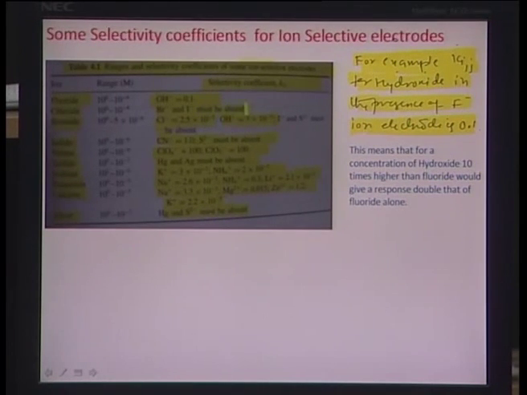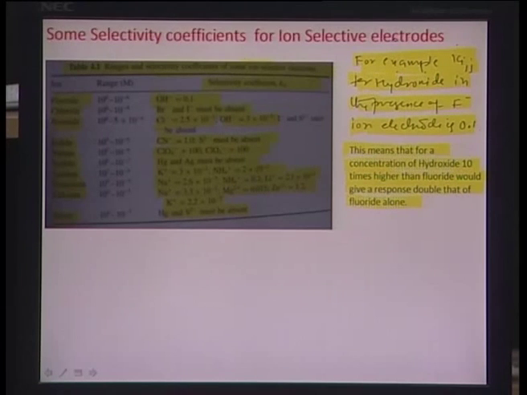Okay. Let us also look at what the interpretation of this would be. If the Kij for hydroxide in the presence of fluorides is 0.1, it would mean that for a concentration of hydroxide 10 times higher than the fluoride, it would give a response double that of the fluoride alone.